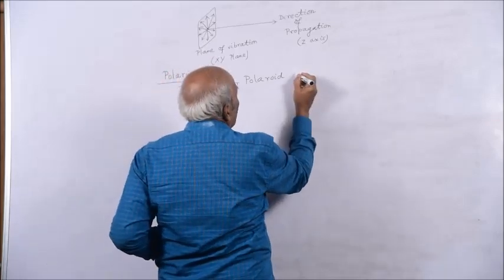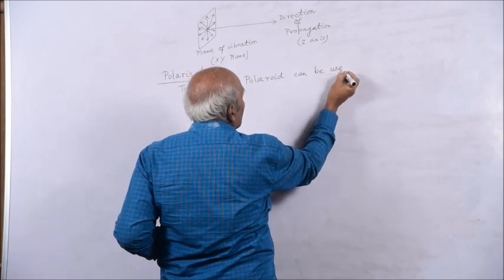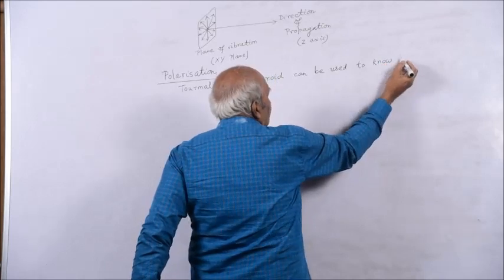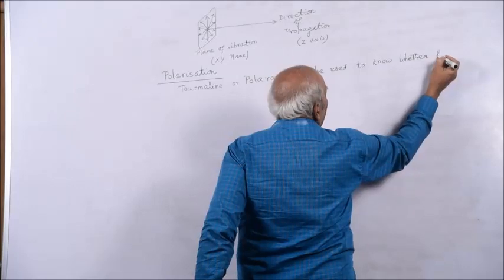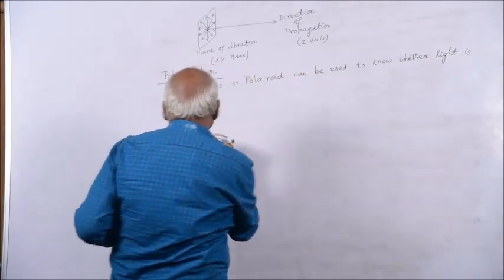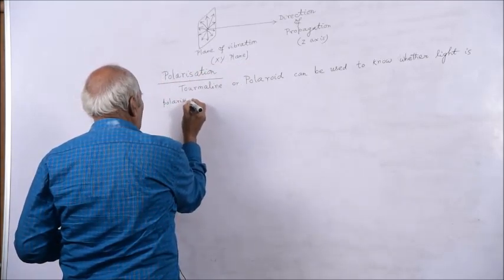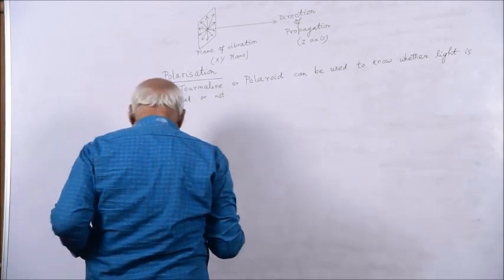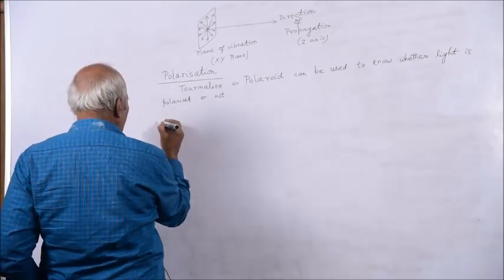So, tourmaline or Polaroid can be used to know whether light is polarized or not. Polarized means the vibrations will be in one specific direction.